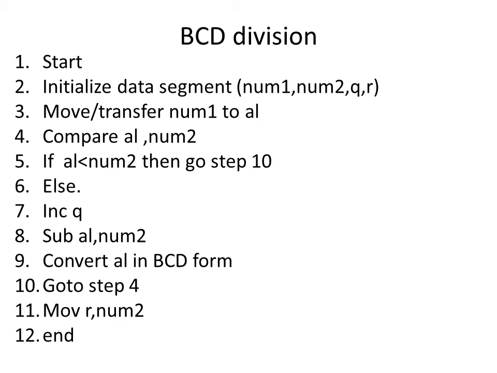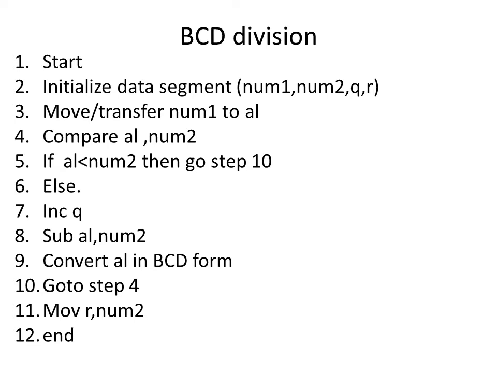And if the num1 value is greater than num2, then we have to perform subtraction. We have to increment Q by 1, and we have to compare the result of subtraction with num2.